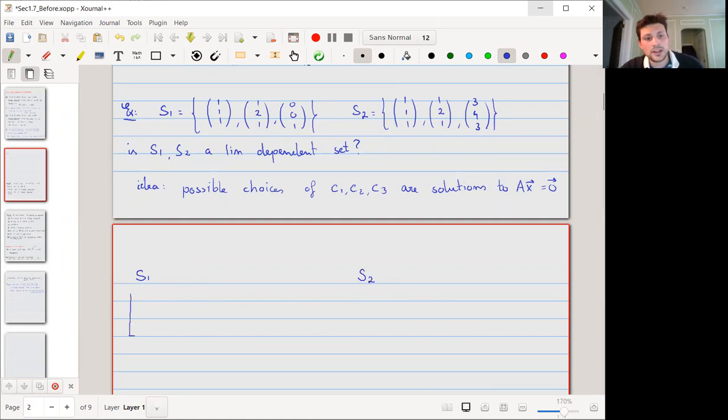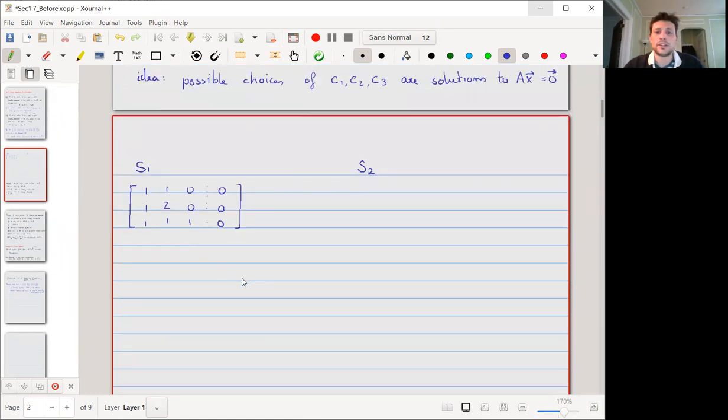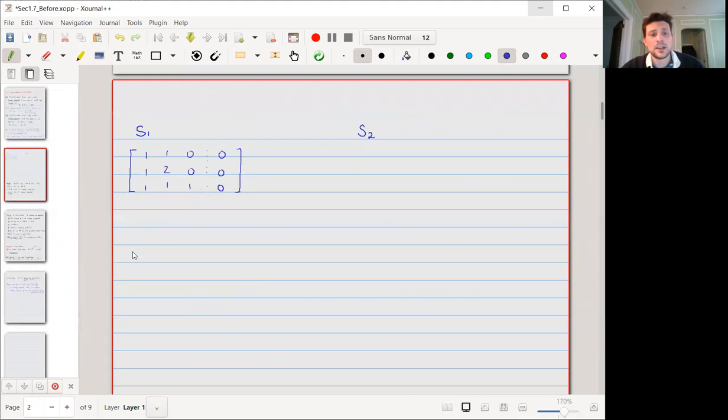For S1, the linear system that we would like to solve is that with coefficients 1, 1, 1, 1, 2, 1, 0, 0, 1, and then we would like to know if there's any solution when the vector of constants is a column of zeros, like this. Let's do this, and then we'll move back to S2.